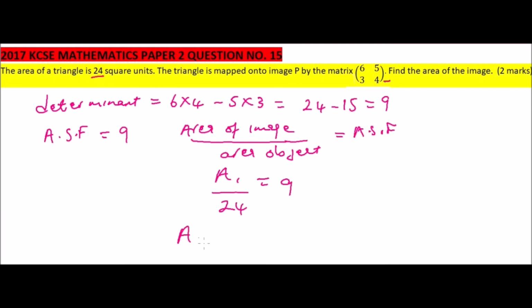So area of the image is equal to 9 times 24, and that will give you 216 square units. So that is how we work out that question, and you earn yourself 2 marks.